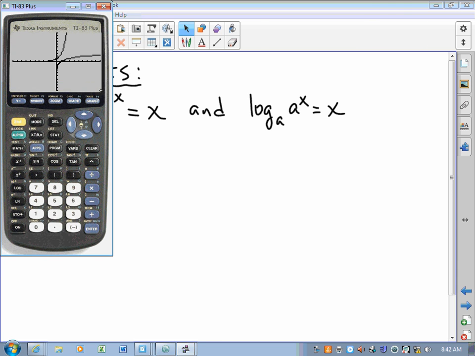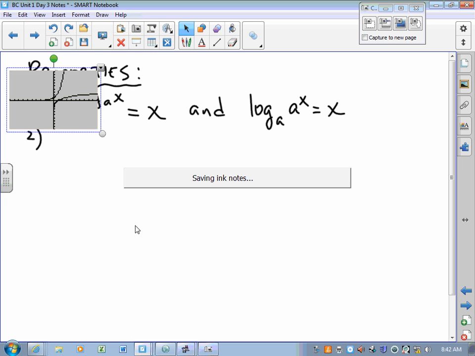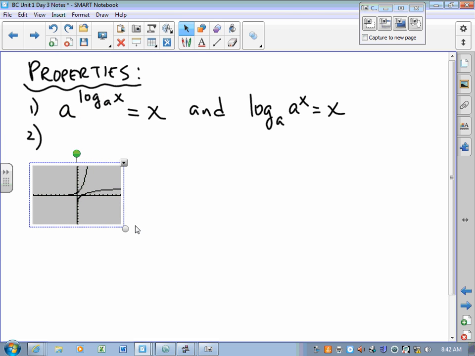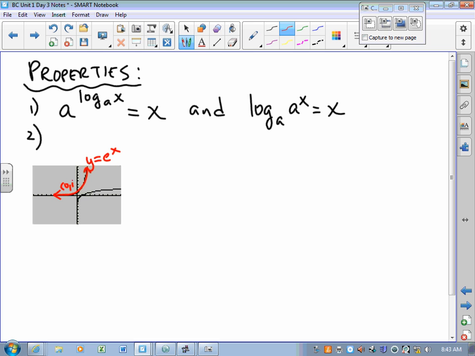So we're all clear. This graph is the exponential graph, y equals e to the x. Its domain runs from -infinity to infinity. Its range is all positive numbers. It passes through the point 0, 1 and the point 1, e.